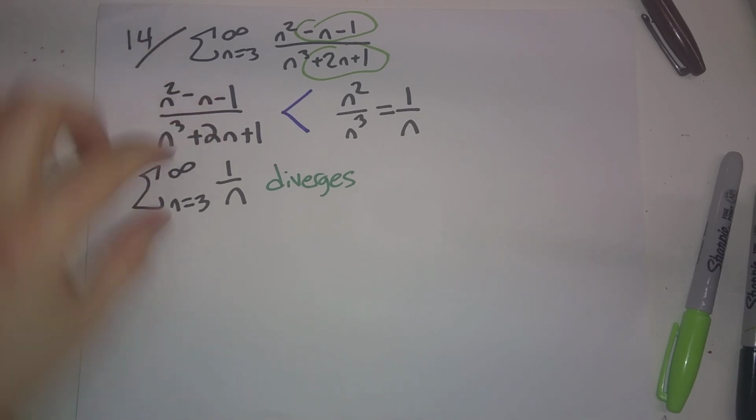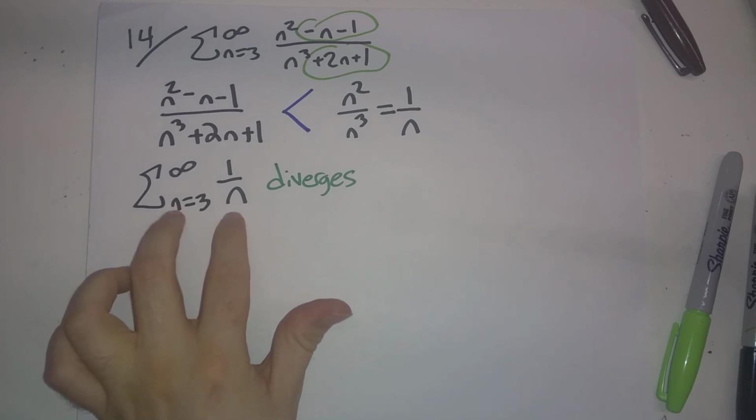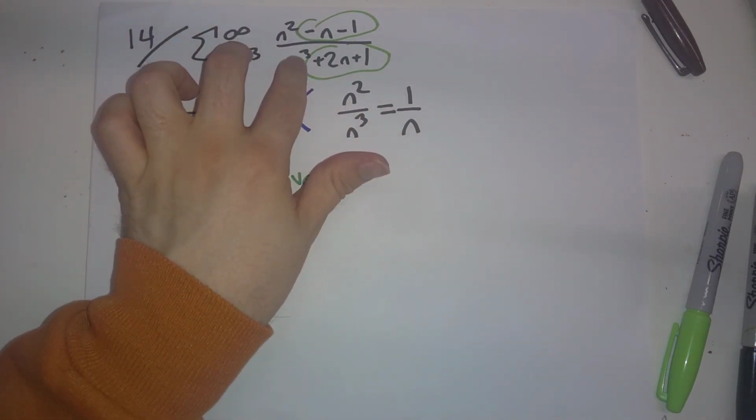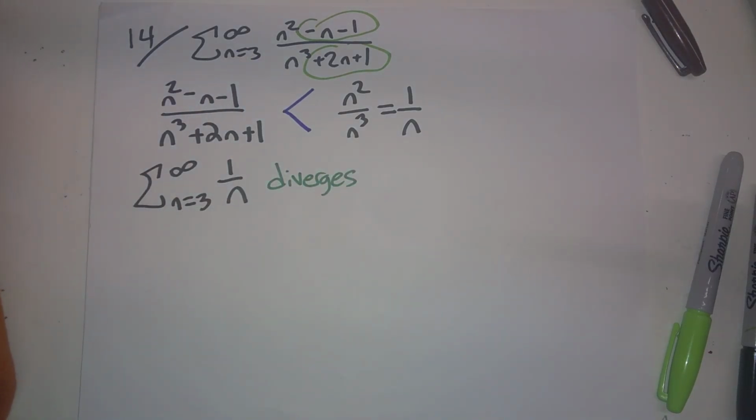This shows that this series up here is smaller than a series that diverges, but this series might still diverge or it might converge. So just because you're smaller than a series that diverges, that doesn't tell you one way or another whether you converge or diverge.